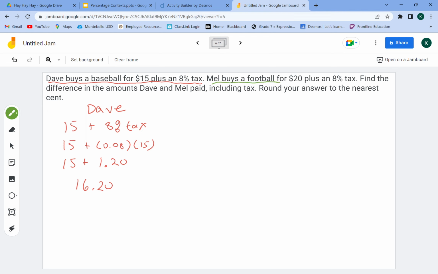And then I go ahead and do Mel, so I'll do Mel in green. Mel buys a football with $20 plus 8% tax. So here's Mel. It's $20 plus an 8% tax, and I approach it the same way. I'll have 0.08 times 20.